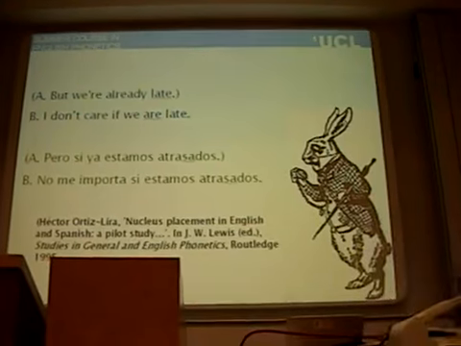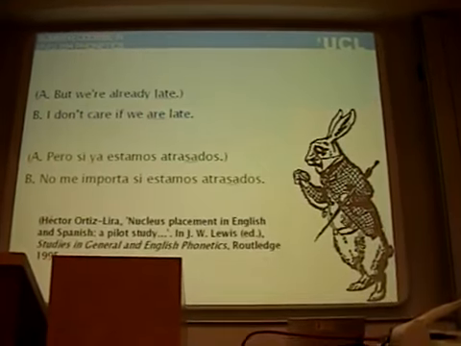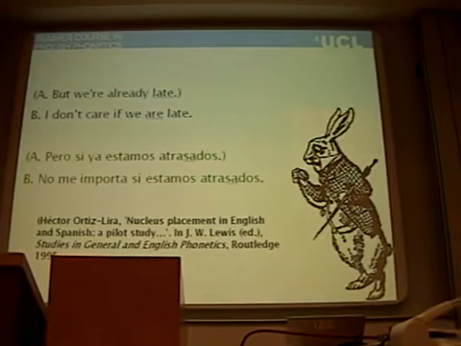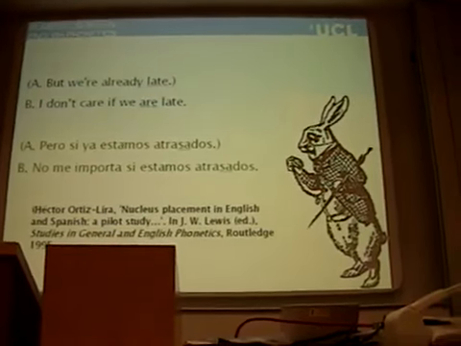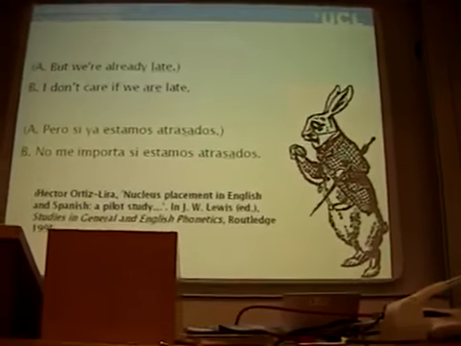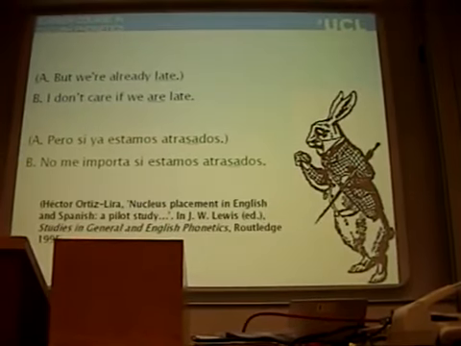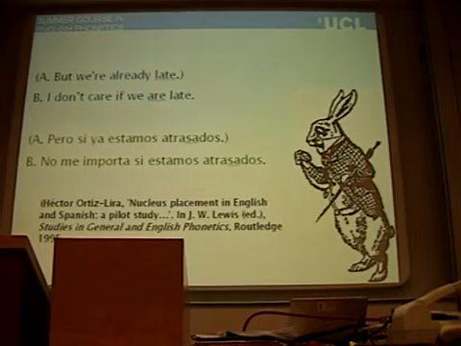Here's an example of a difference between different languages that I've borrowed from Hector Ortiz Lira, who is a very good writer on English intonation, by the way. He's in Chile. He wrote a very interesting article about nucleus placement in English and Spanish, contrasting the two languages. And Spanish speakers from Spain tell me they don't like this example. It doesn't sound like what they would say, but anyhow, this is his example.